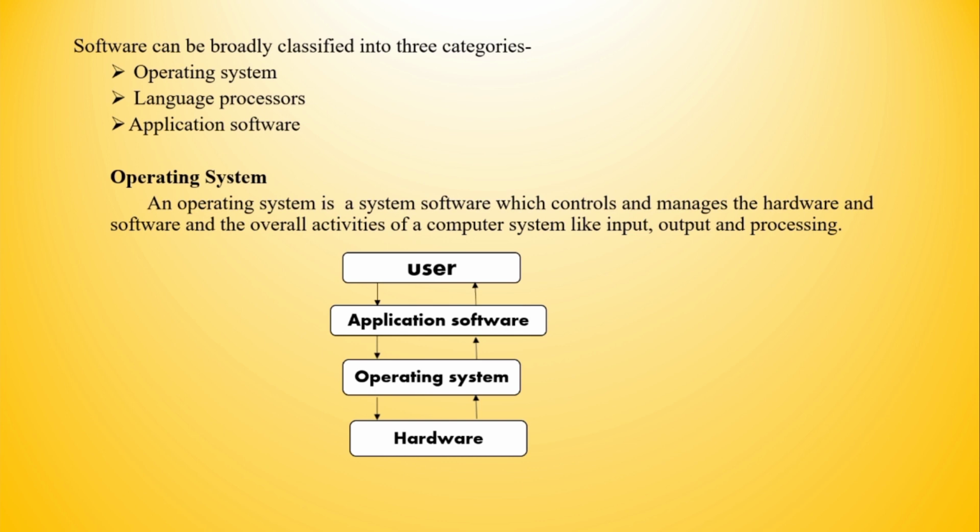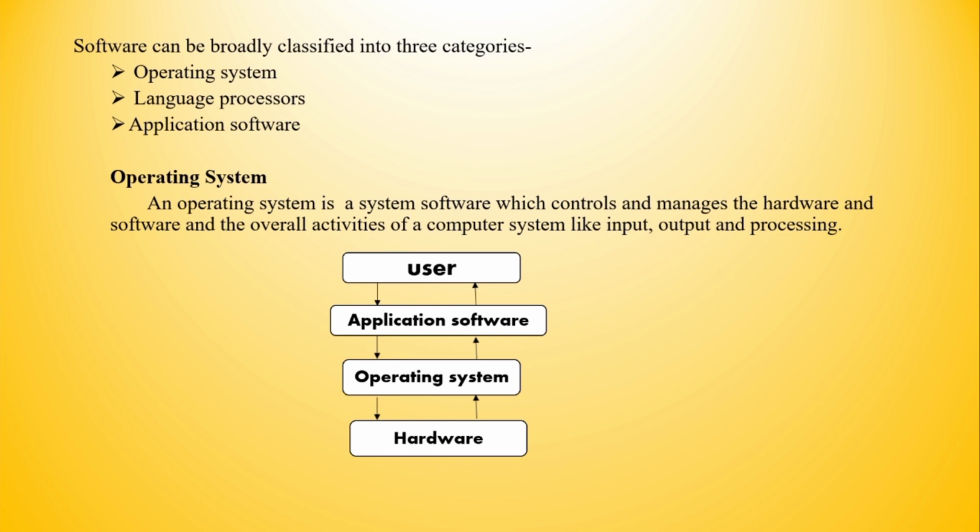Software can be broadly classified into operating system, language processor, application software. Now what's an operating system? It is a system software which controls and manages the hardware, software and the overall activities of a computer system, like inputting the data, processing it and showing the result.